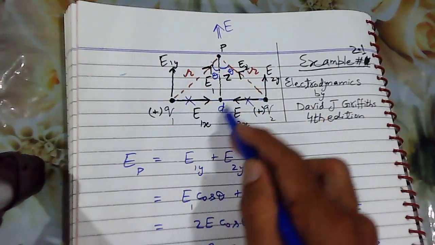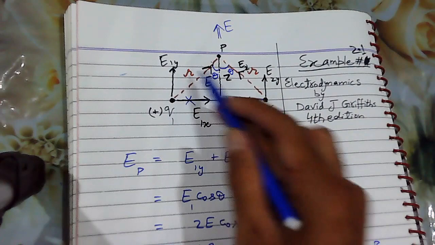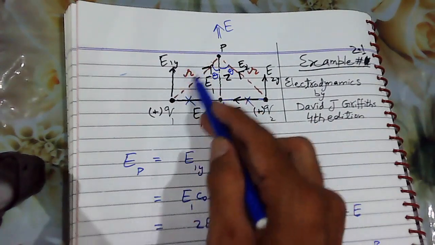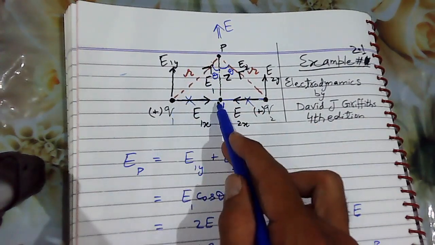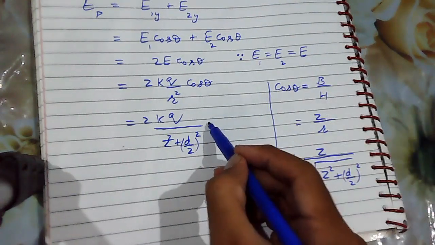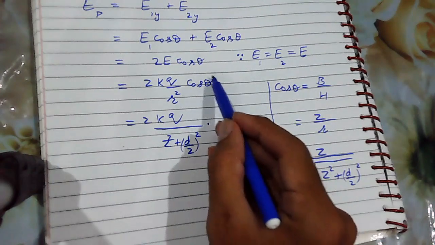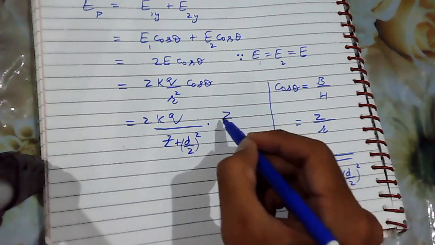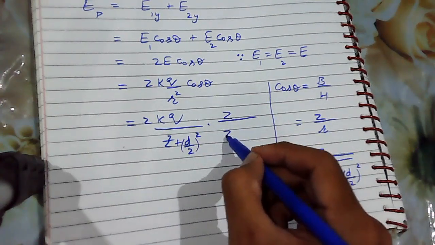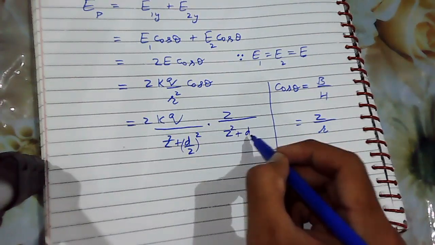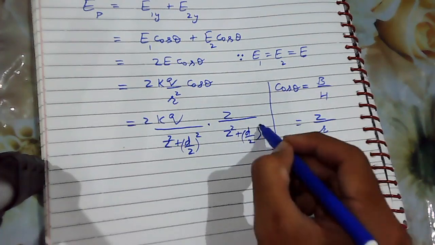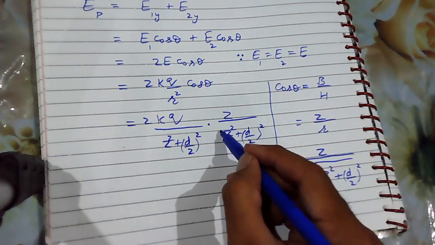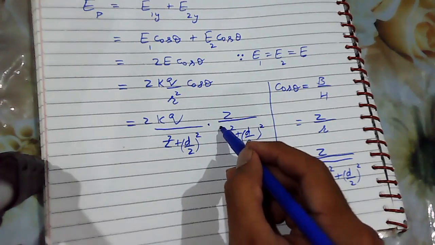You can see in this triangle that r will be equal to the square root of d by 2 whole square plus z square. So here I can replace this cos theta by its value. I can write z divided by the square root of z square plus d by 2 whole square. And what does the square root mean?